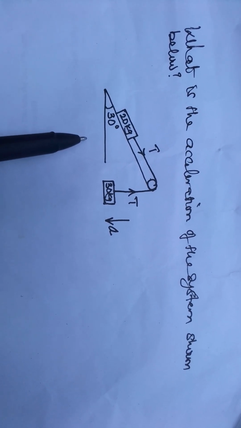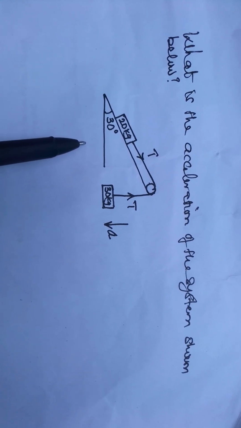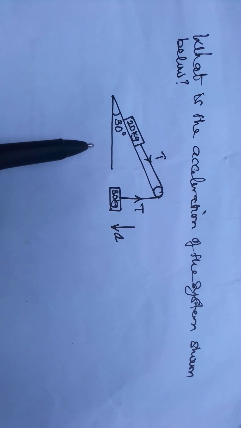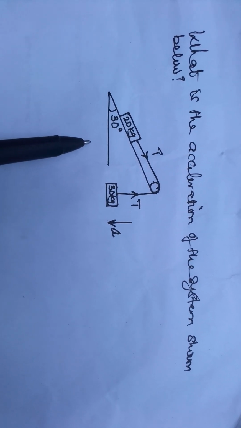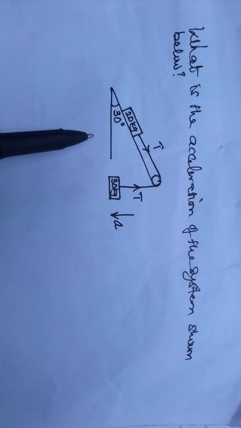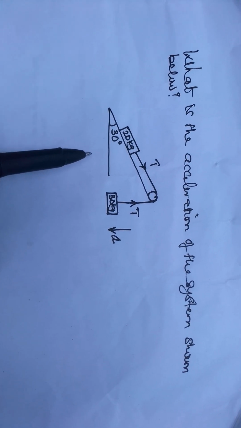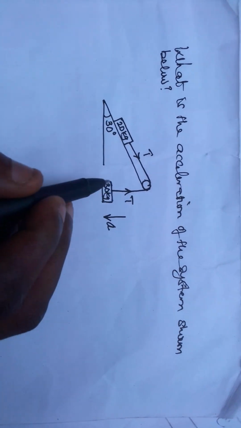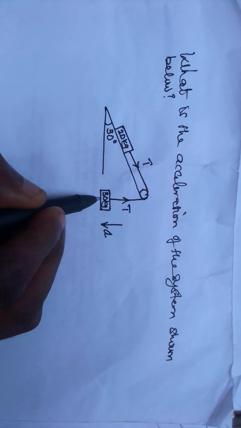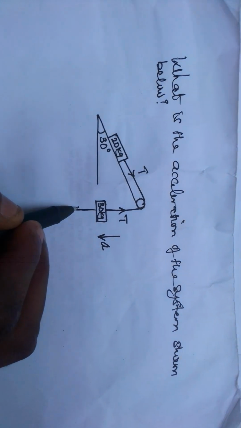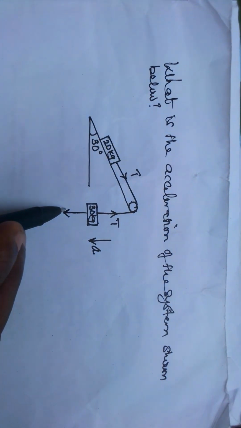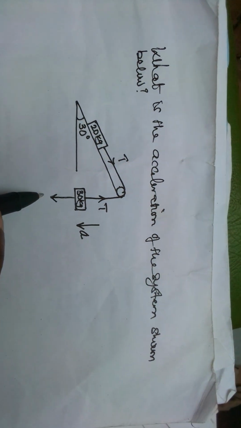The first method, or the best way of solving this problem, is by attending to the different masses carried by tension T on the inclined plane. So how do we do that? The first thing is the weight that will act on this mass of 30 kilogram.